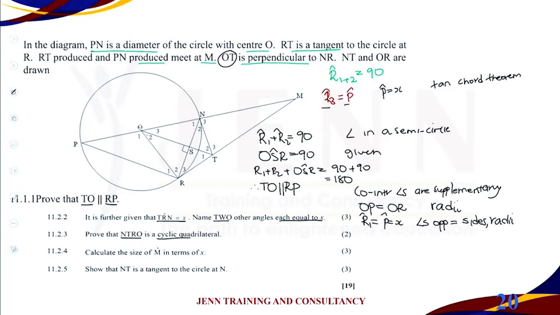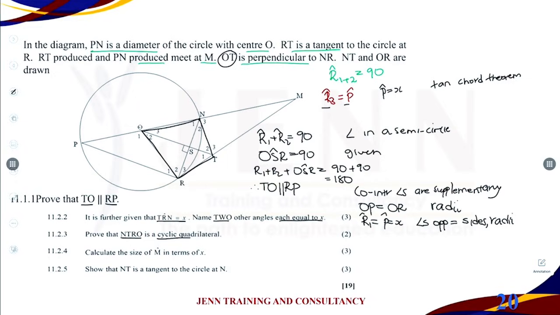It is N, T, R, O. So remember, you must prove that it is a cyclic quad.